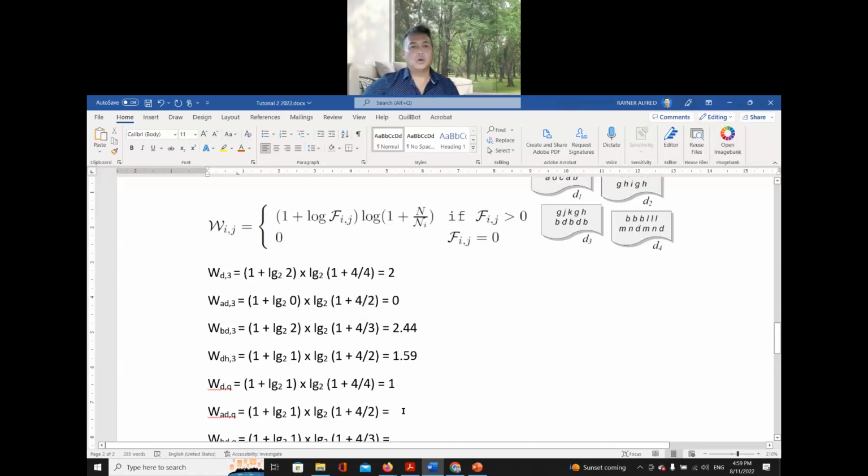Okay. So the next one, AD. So all of this will become 0 kan? So we only have to compute this one lah. So what is this? So this is equivalent to this one lah, kan?